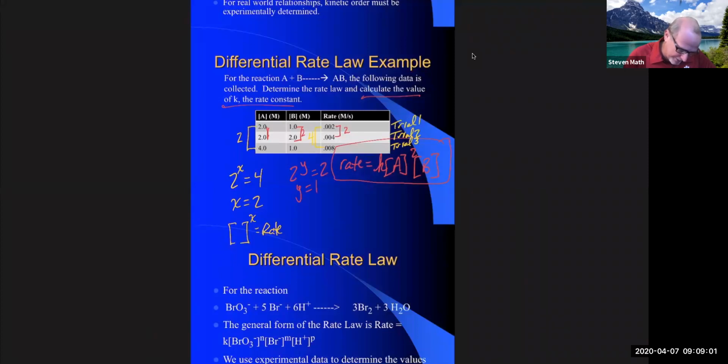So I'm going to take my rate law. Rate equals k [A] squared [B], and the rate for the first trial was 0.002 equals k. The concentration of A was 2 squared, and the concentration of B was 1.